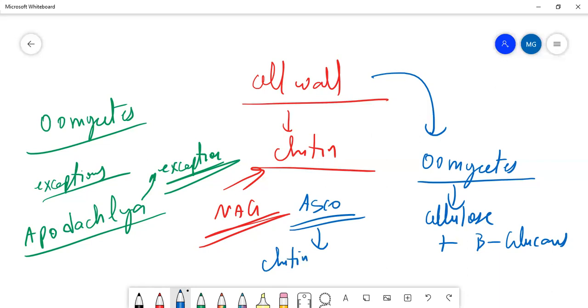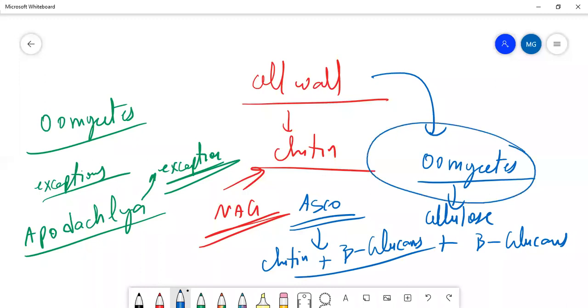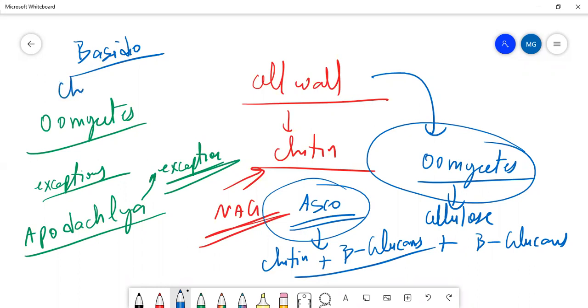Ascomycetes में हमारा yeast आता है, ठीक है? So members of ascomycetes have chitin, plus they also have beta glucans. ये कई बारी matching में आ जाता है. Examiner can give this to you in matching, क्योंकि cell walls are very important. So look at the cell walls of oomycetes, ascomycetes with chitin and beta glucans. Members of basidiomycetes, we know they have chitin plus mannan.